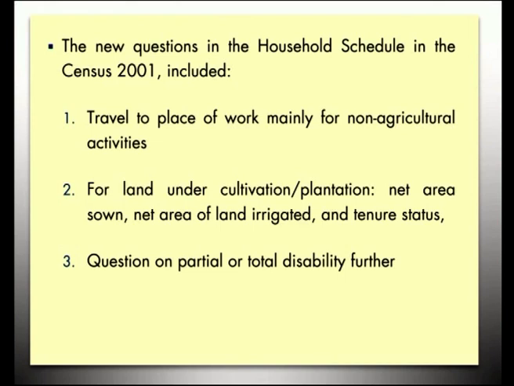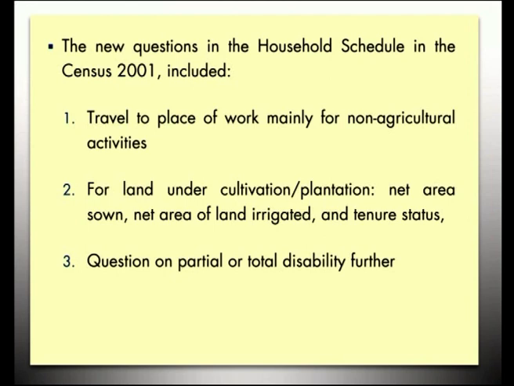Next, the new questions in the household schedule in 2001 included travel to place of work, mainly for non-agricultural activities, because nowadays people travel a lot to go to their workplace. Many companies were started at the most populated centers so that people have feasible working conditions.